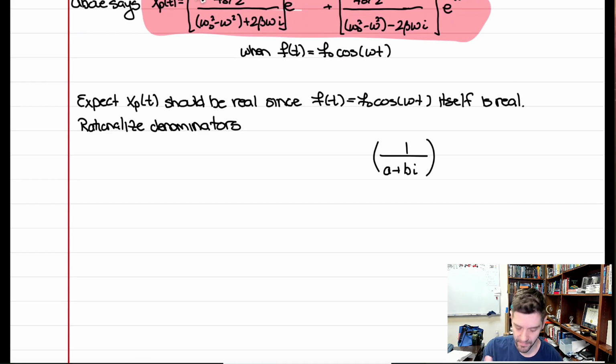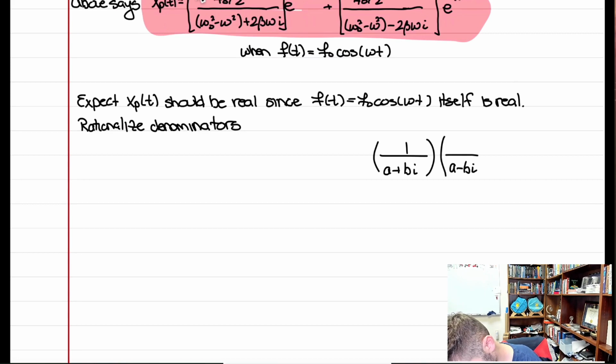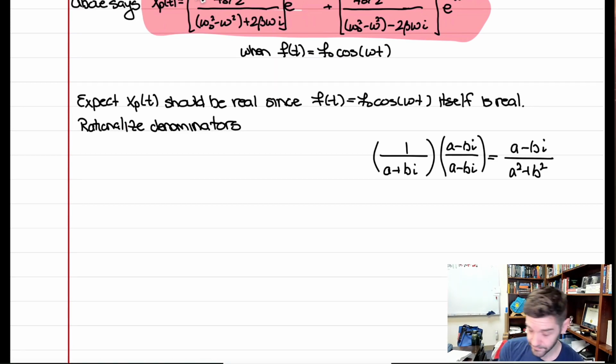This is 1 divided by that, so it's not quite in that form, but you can rationalize it by multiplying by the complex conjugate on the top and the bottom. This then becomes a minus b times i on the top, and the bottom becomes a squared plus b squared, remembering that i squared is equal to negative 1. And the cross terms cancel as a result.